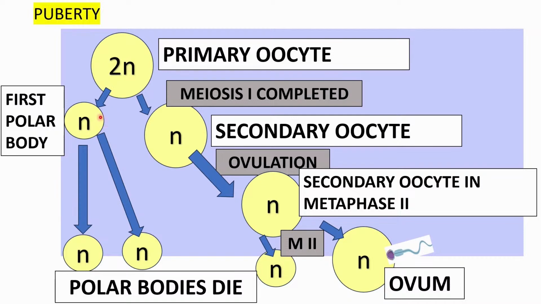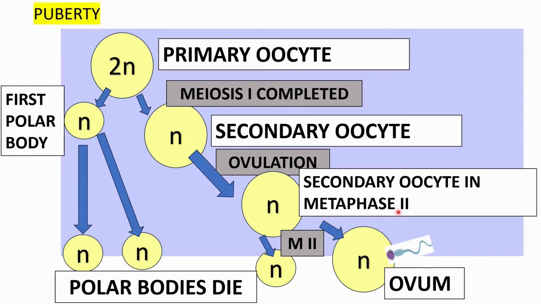You can see this one is slightly smaller, with less cytoplasm. This is what we call the first polar body, and this one, which is larger, we call the secondary oocyte, which is haploid. Then this secondary oocyte will carry on with meiosis 2, and then stop at metaphase 2.